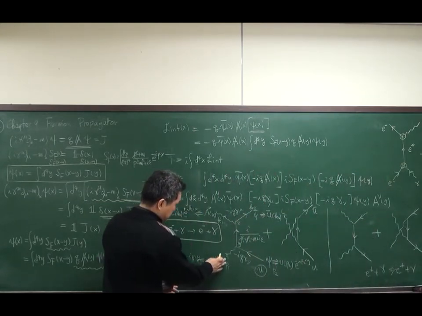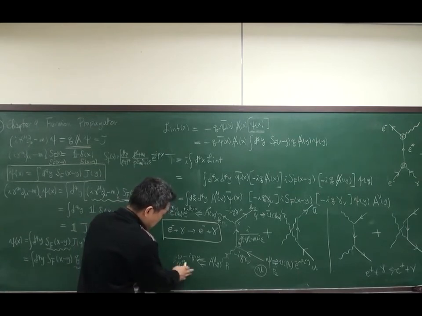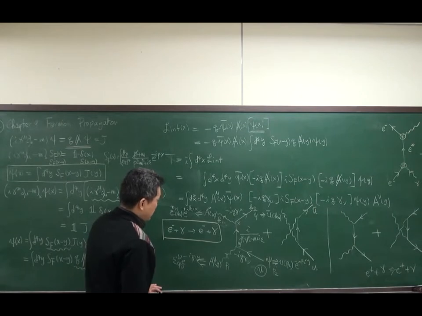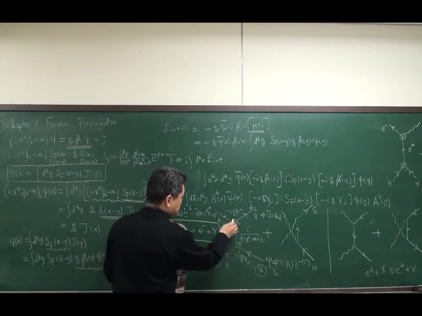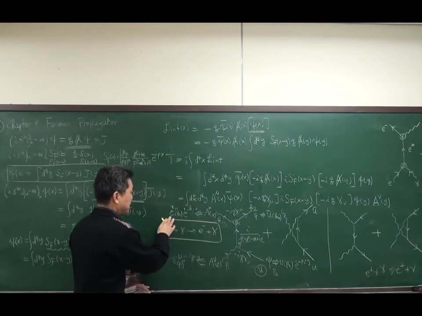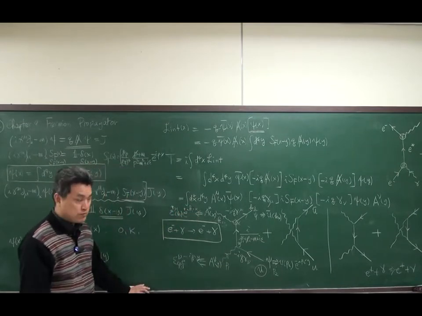And if this is an incoming photon, it will have a wave function, polarization vector with momentum p1 and exponential minus i p1 y. For the final state photon, A mu of x is replaced with the polarization vector complex conjugate multiplied by e to the plus i k1 dot x, that is the final state wave function.